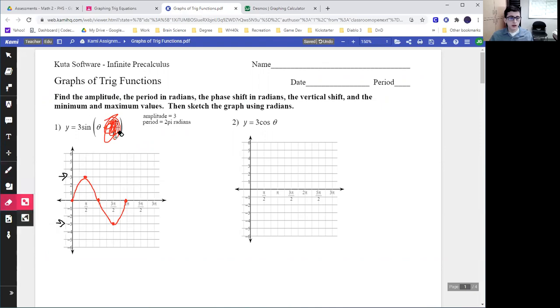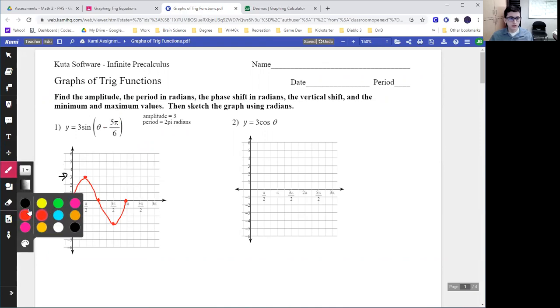So now when we take into account this -5 pi over 6, the entire graph is going to slide this way. Every single point along the graph slides that way, 5 pi over 6.